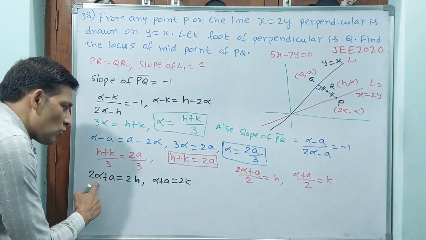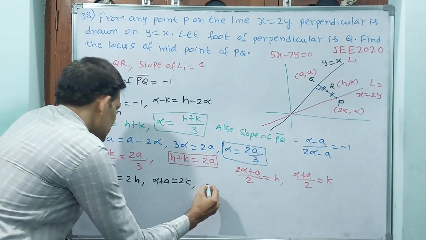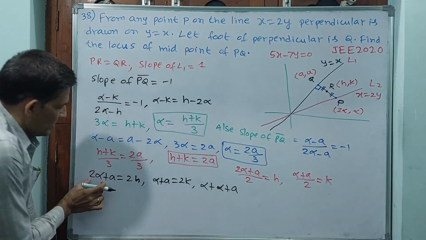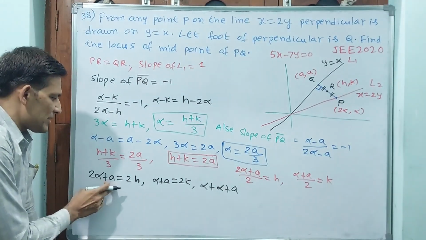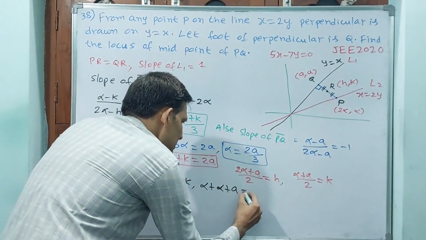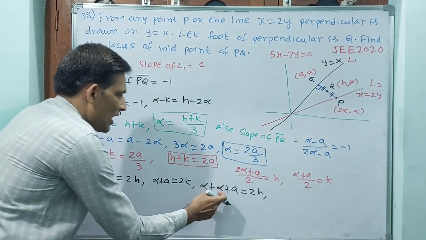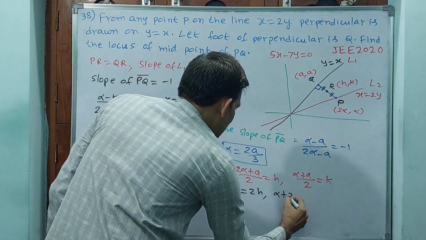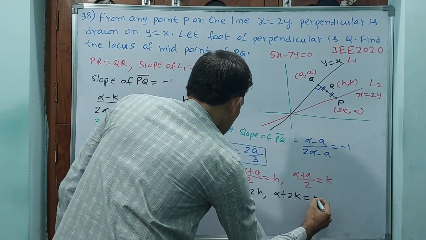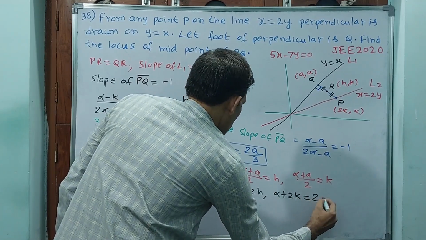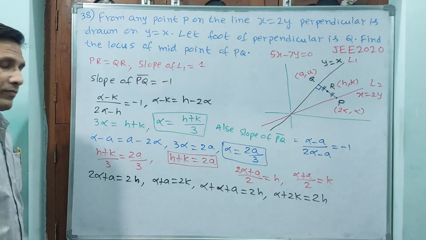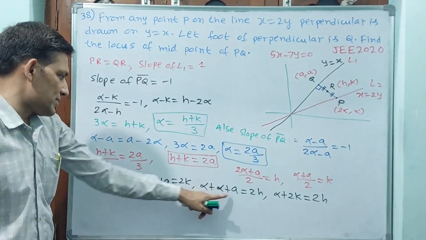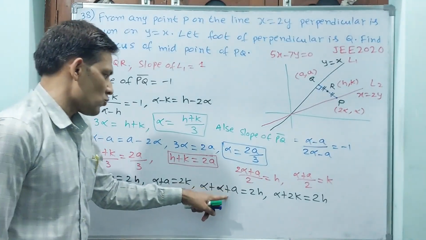Now in place of alpha plus a in 2 alpha plus a, I have written 2k. So alpha plus 2k is equal to 2h.